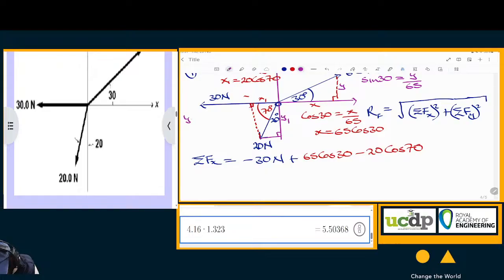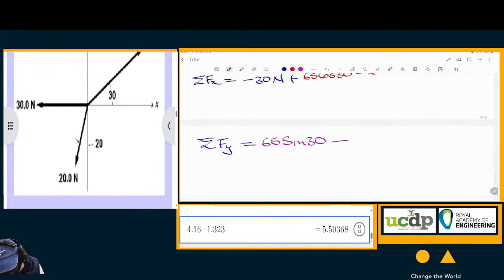So cos 20 equals y1 over the hypotenuse, which is 20, which means your y1 is equal to 20 cos 20.